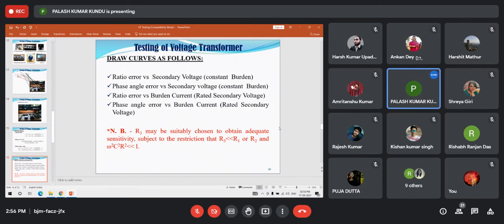So there are 4 curves. 2 for the ratio error. Why 2? Because one is under constant burden and the other under variable burden at rated secondary voltage. Similarly, the phase angle error will have 2. So that means you have to draw 4 curves.